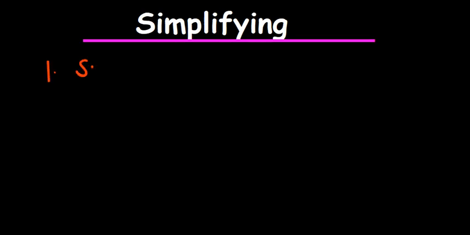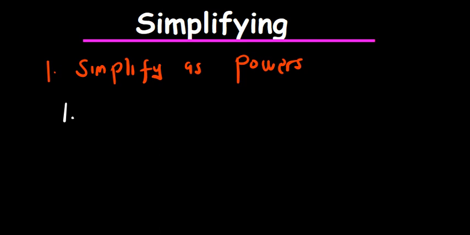So number 1, let's say you're simplifying as powers. Let's say the first question is we've been given 2 multiplied by 2 to the power 2. How can you simplify this one as a power?